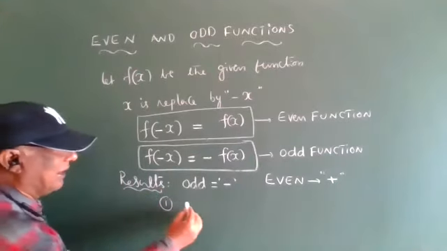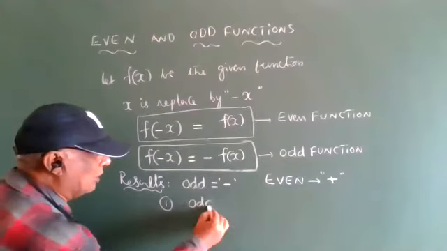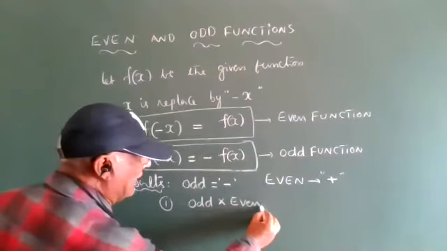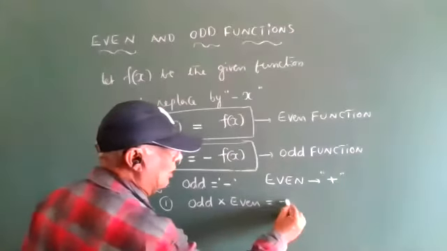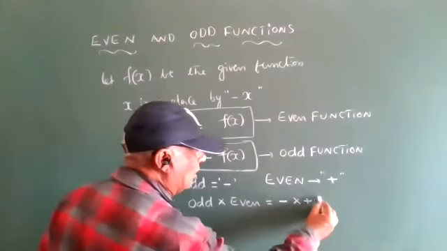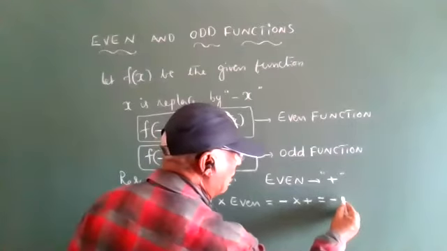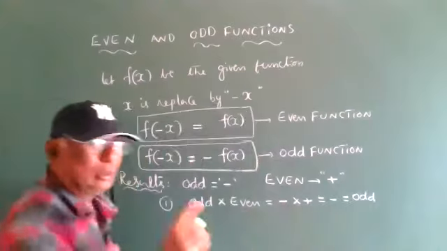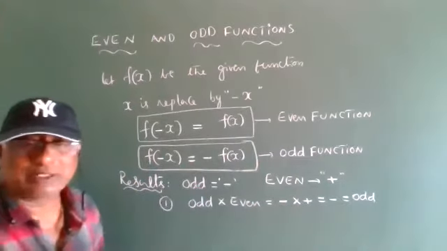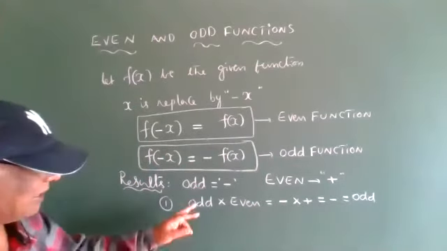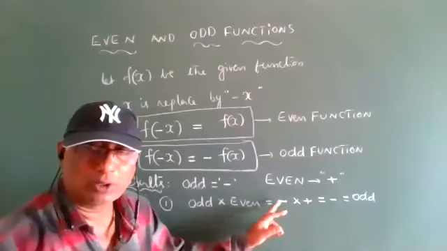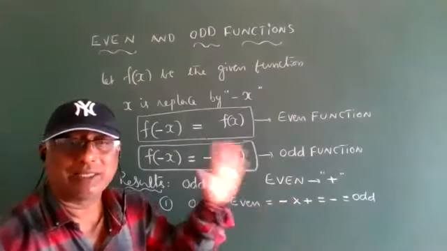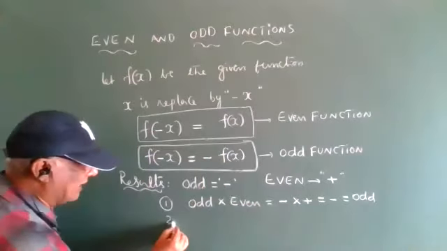The first result: odd into even. Odd is negative, even is positive, so the total becomes negative, which means it is an odd function. Odd into even is an odd function. Negative into positive becomes negative, therefore it is an odd function.